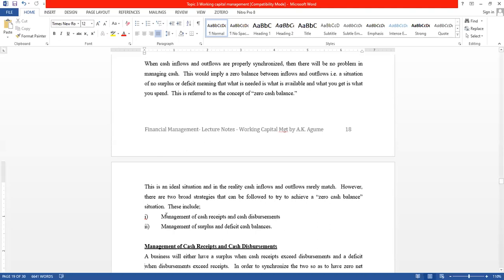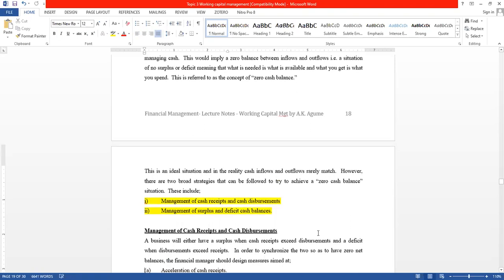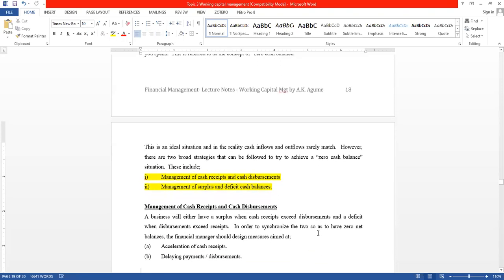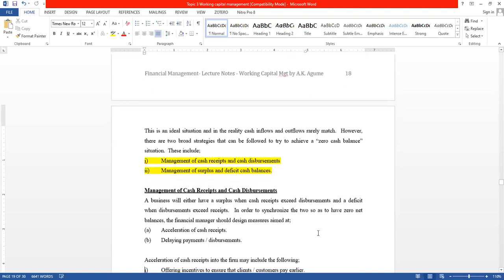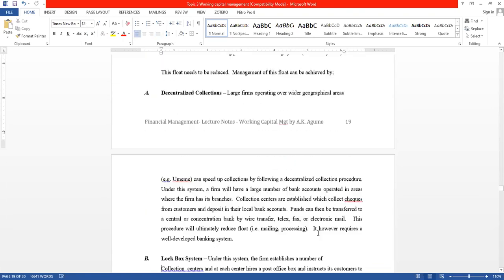And this lies in the management of cash receipts and cash disbursements, and also management of cash surplus and deficit of cash balances. And this is where we're going to begin from in the next session we meet. How do you manage the cash receipts and cash disbursements? And then also, how do you manage any surplus that is available? And if you have a deficit cash balance, what can you also do?